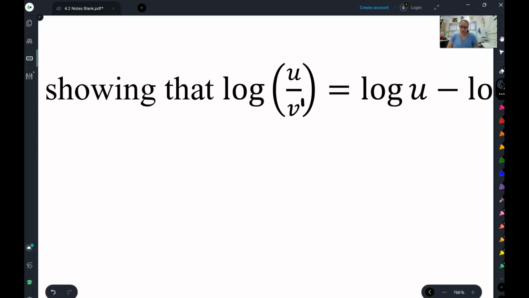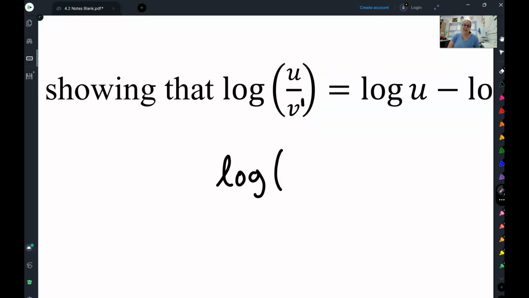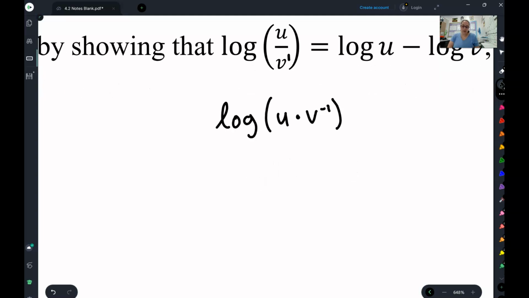So I can use my properties of exponents that we talked about last class, and I can bring this v up into the numerator, and all that's going to change is the exponent's going to change signs. That was one of those properties of exponents we did last time. So bring this v up, and the little secret 1 turns into a negative 1. And now, look at this, I have multiplying here.